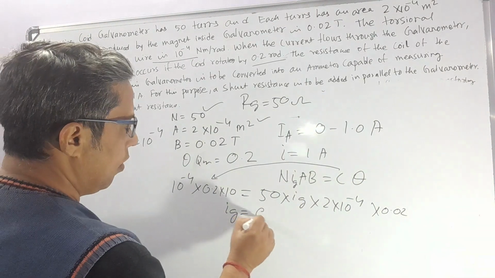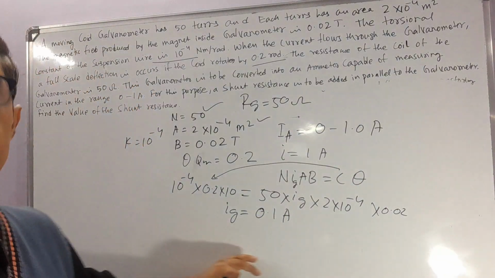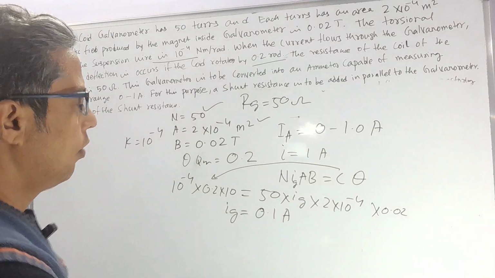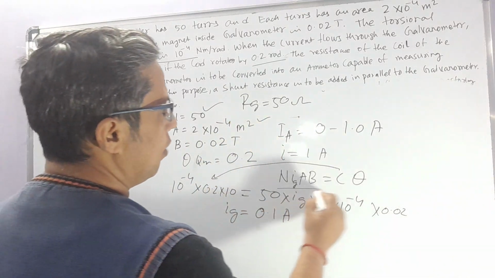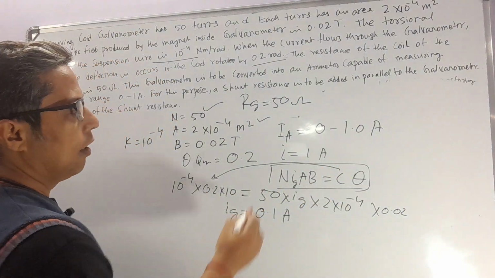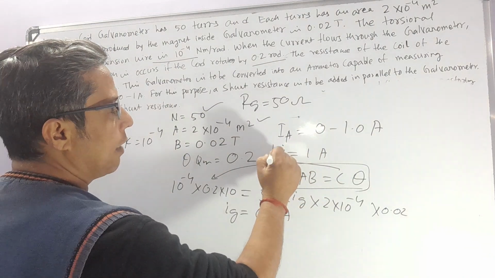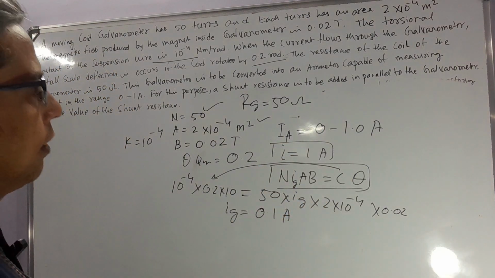That will be 0.1 ampere. I hope it is clear. So we have all these parameters, and from this relation we have received Ig, the current through the galvanometer, and the main current is 1 ampere. This is the max range. Now we will go to the shunt.